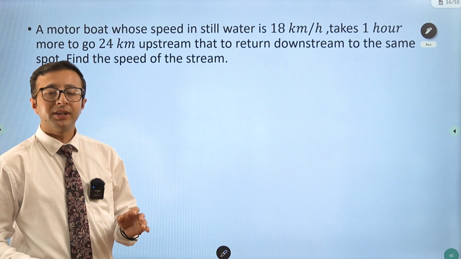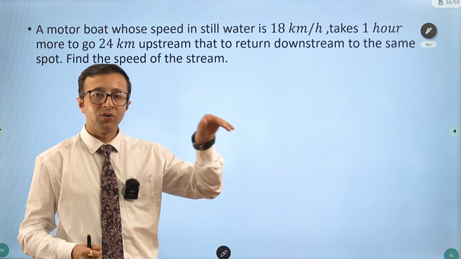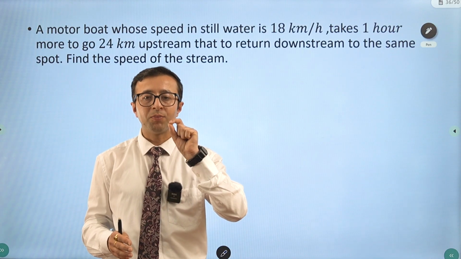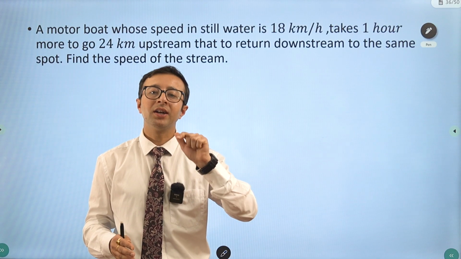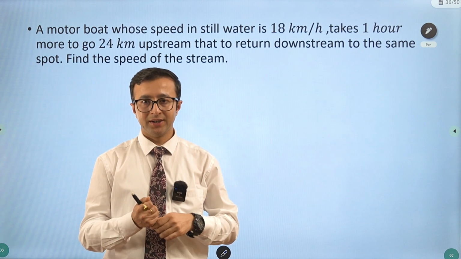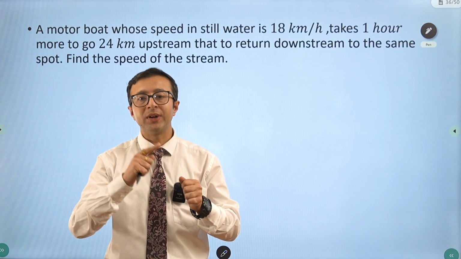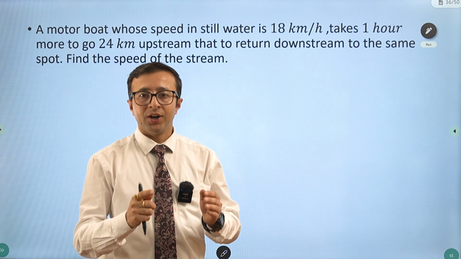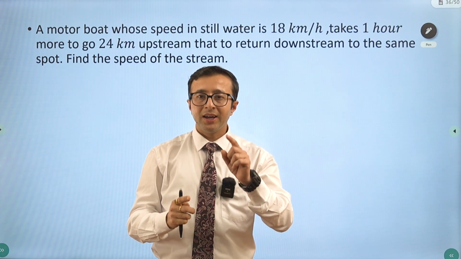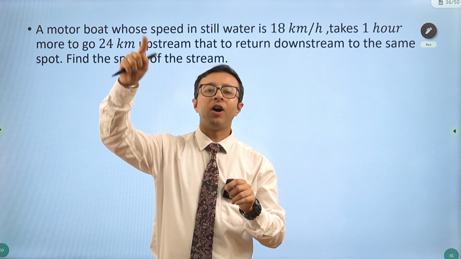So think that you are in a boat and you are rowing the boat. If you are going downward, water is also flowing in that direction, and even if the speed of your boat is 0, still it will move downward. But if you add your speed, that means the speed of the boat, then the total speed will increase. But remember, if you are going upward against the stream and your speed is smaller, then you cannot move upward.